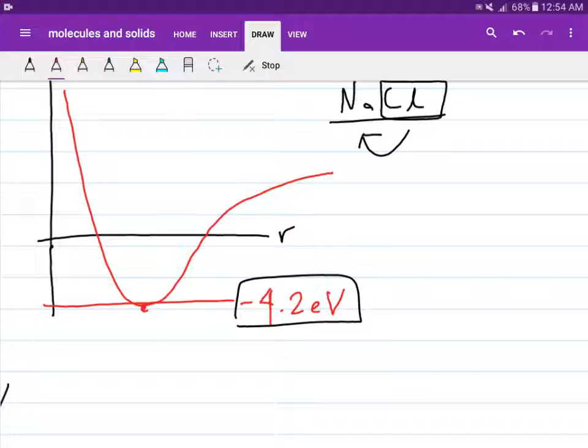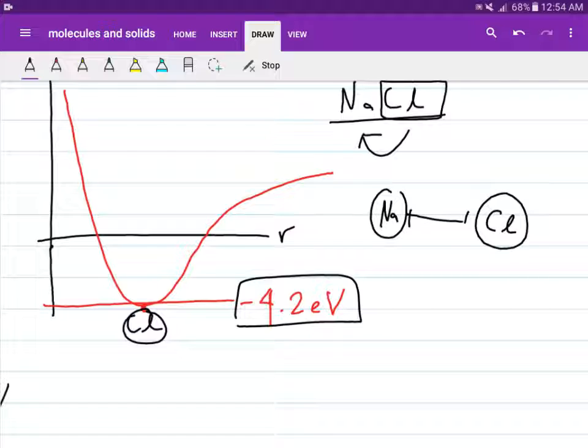So for example, you have your chlorine species here, and you try to move NaCl. For the sake of having a diagram, you try to take a nudge of R here or R here. You try to tweak their atomic separations.